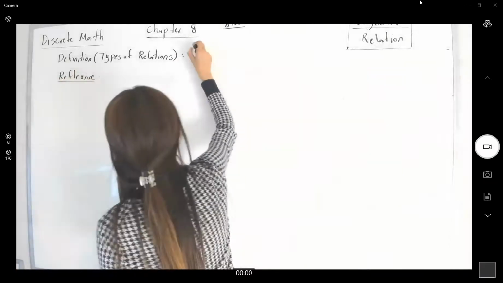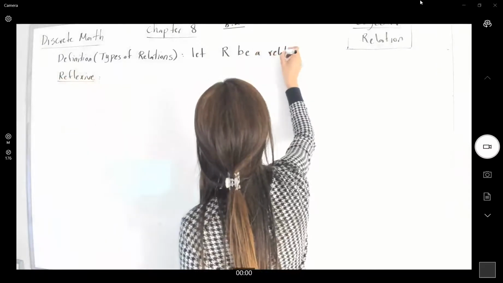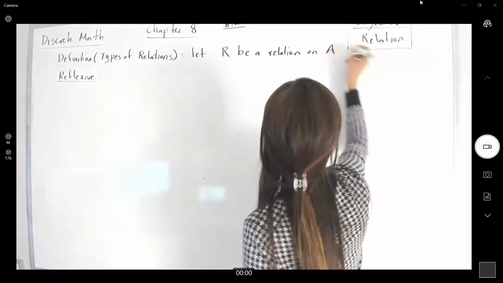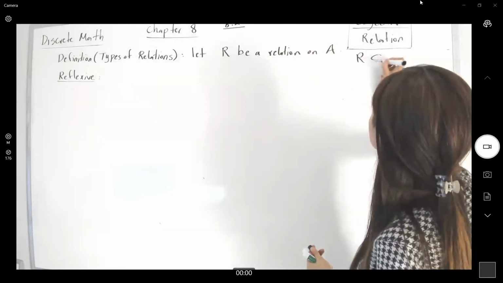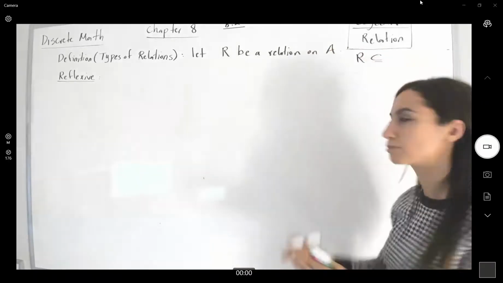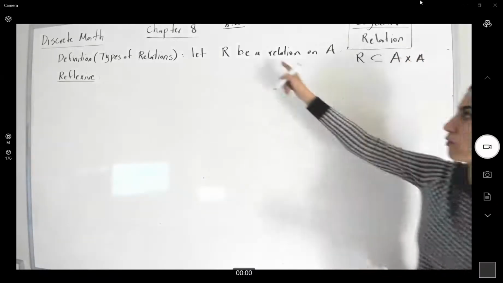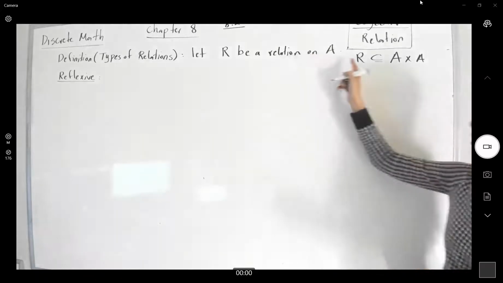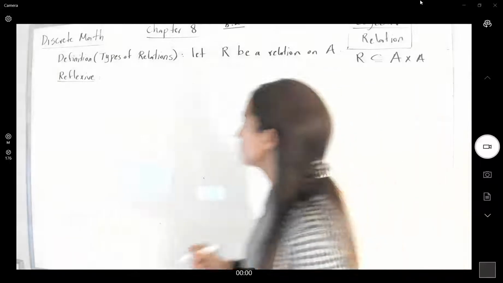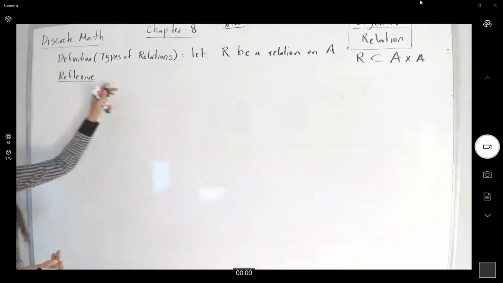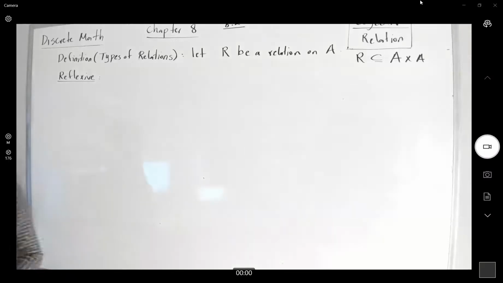So first of all, let R be a relation on set A. What's the meaning of that? It means that R is a subset of Cartesian product between A and itself. So when we say R is a relation on A, it means that R is a subset of A × A. We say that this relation is reflexive if it follows the following property.